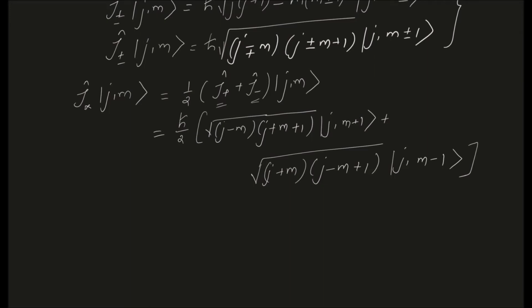In a similar fashion, you can write the expression for Jy in the jm basis. This is 1 by 2i times J plus minus J minus.